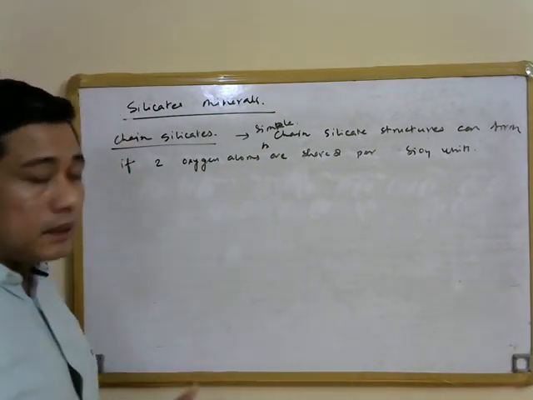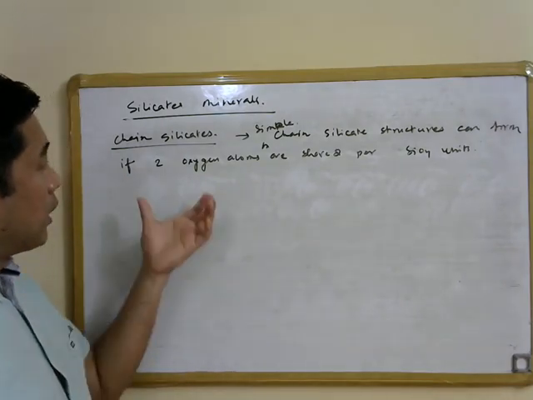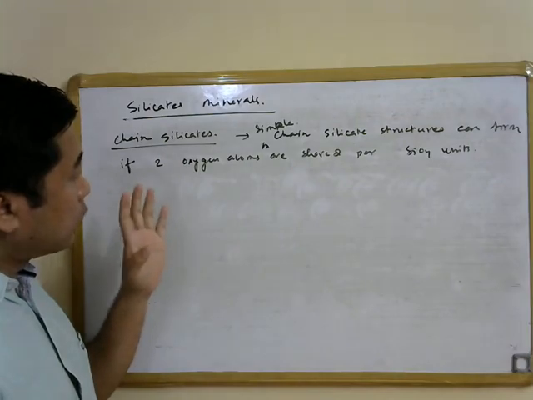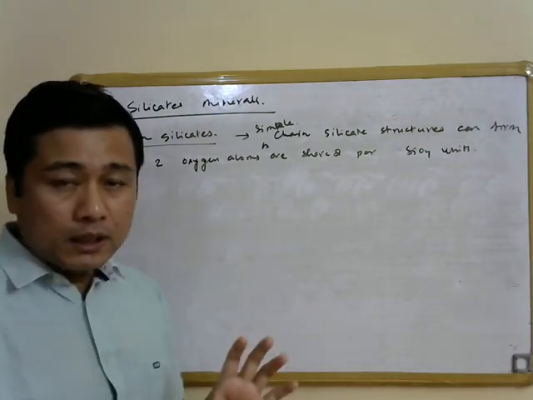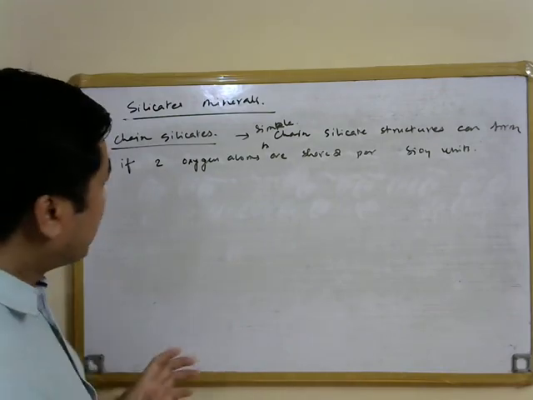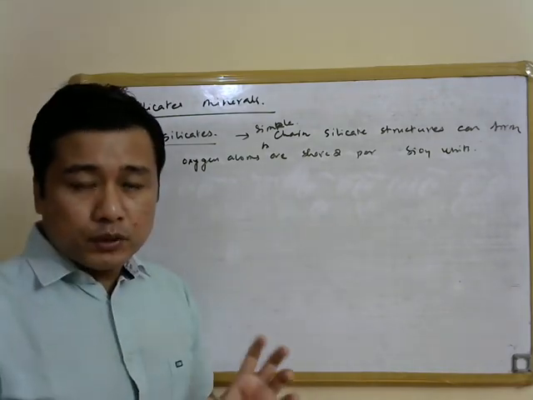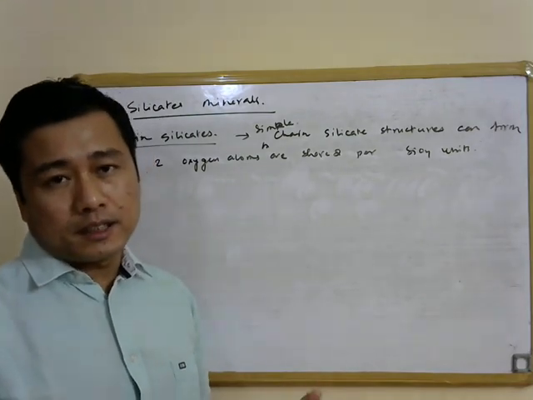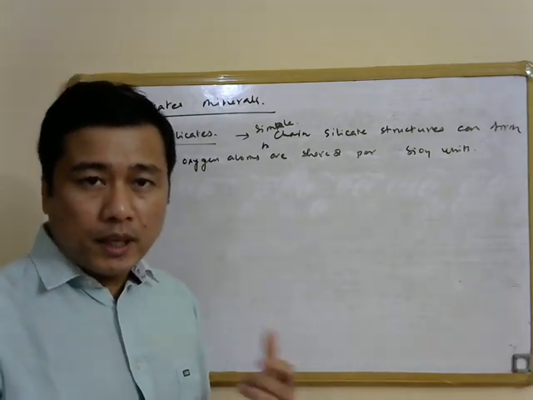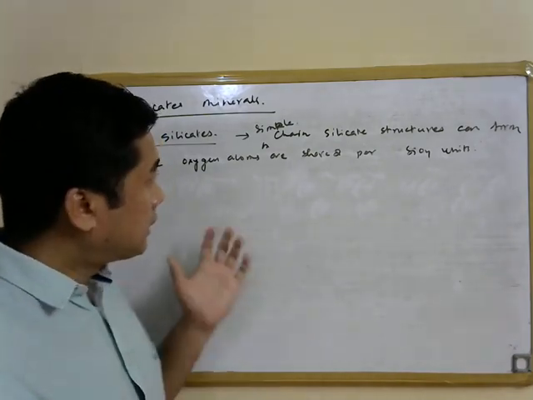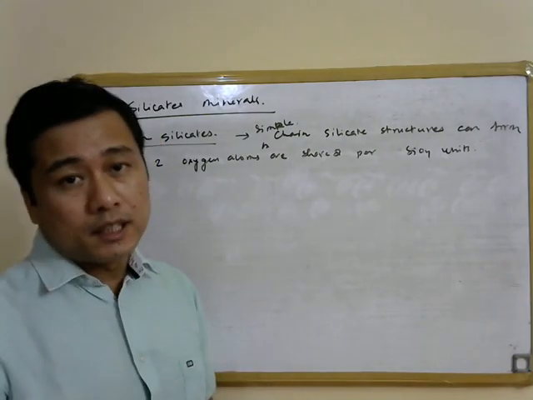Now, in case of these simple chain silicates, each of these tetrahedral units essentially shares 2 oxygen atoms, but when they share with other SiO4 units, each of these SiO4 units shares its oxygen atoms with 2 different SiO4 units, and that is why it leads to formation of chain silicate structures, not cyclic silicate structures.